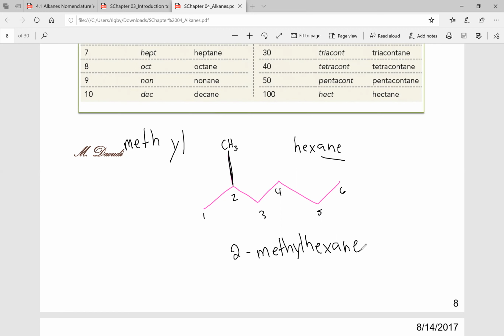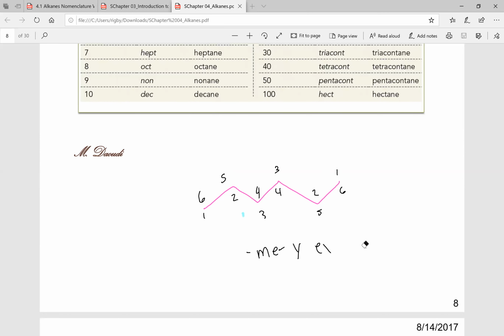We went over this in class, but the way to choose which way you're going to number: I numbered from this side, but how do I know that I'm not going to number from the other side? Well, we want to give all the substituents the lowest number possible, all of them. So if I had something CH3 here, I'm going to erase a little bit of stuff, just so we can see more of an example. Let's say that I had a methyl group here, an ethyl group here, and, I don't know, another methyl group here.